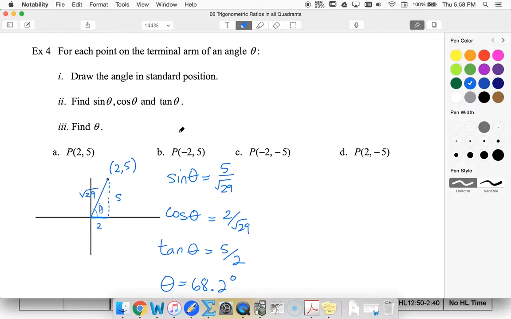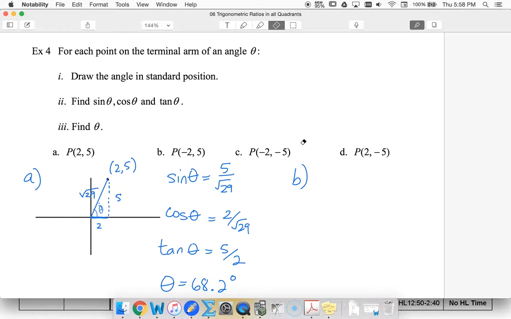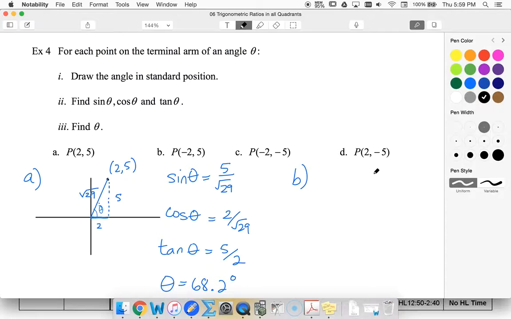If I think about this next picture, now I've moved my point to negative 2, 5. So if I draw this one, and negative 2, 5 will be somewhere up here.